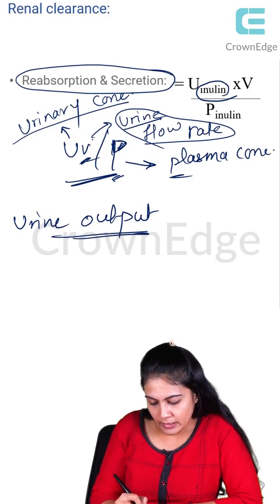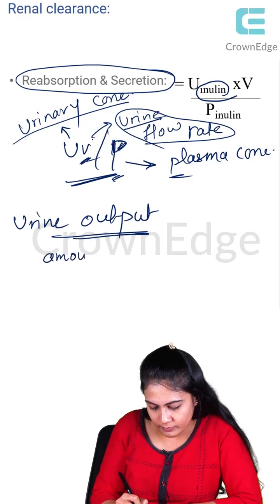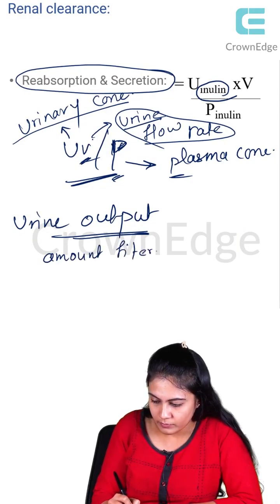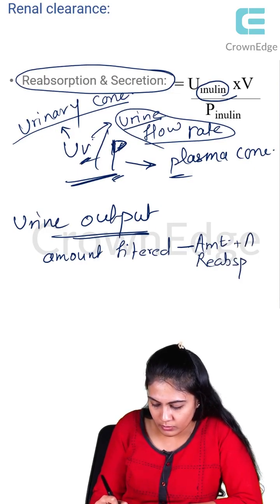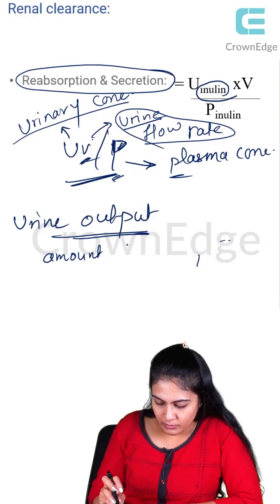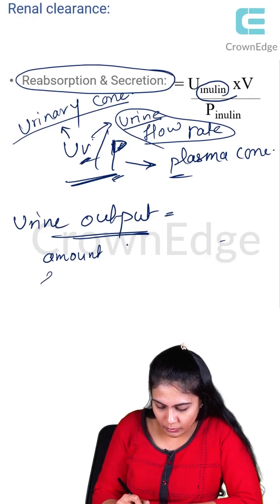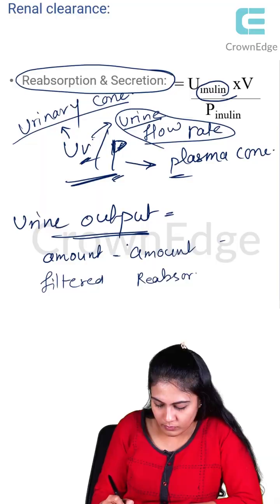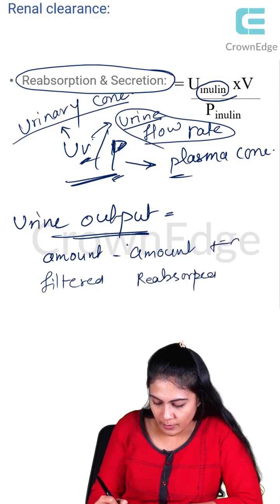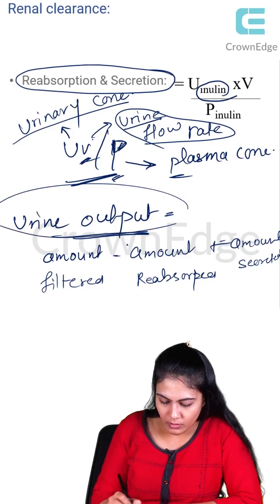How do we calculate it? Urine output is equal to amount filtered minus amount reabsorbed plus amount secreted. So that's how we calculate the output, right?